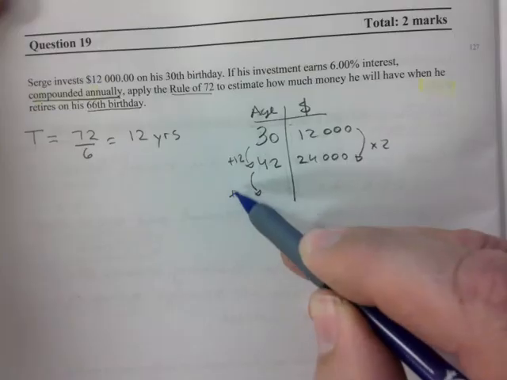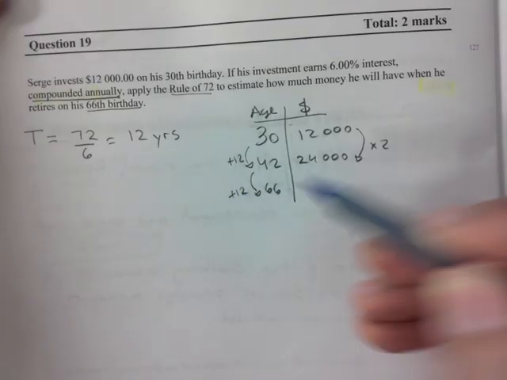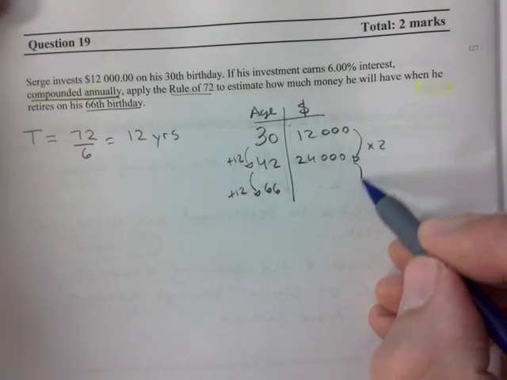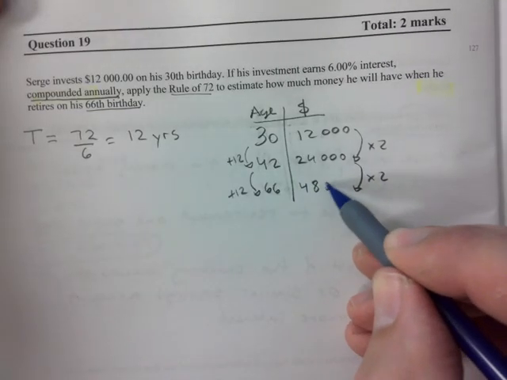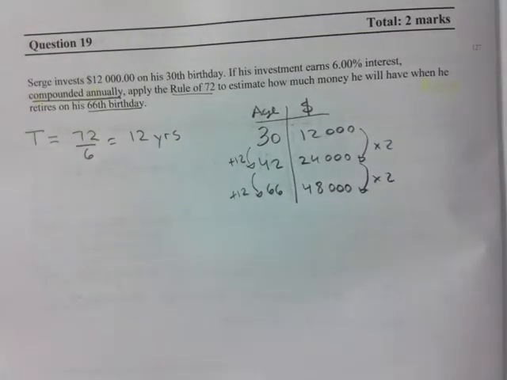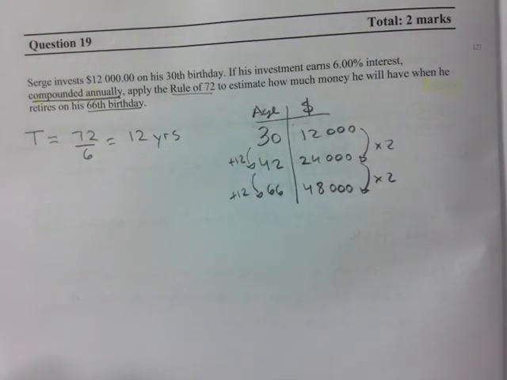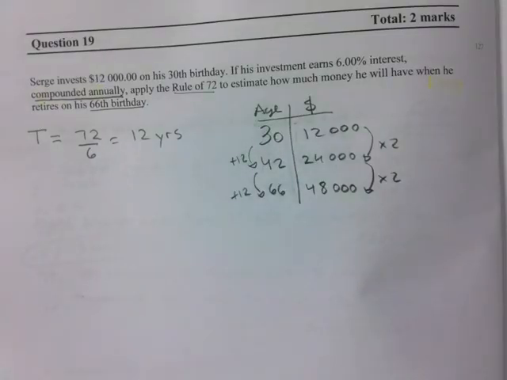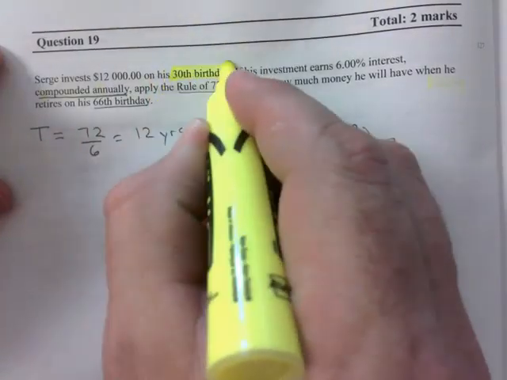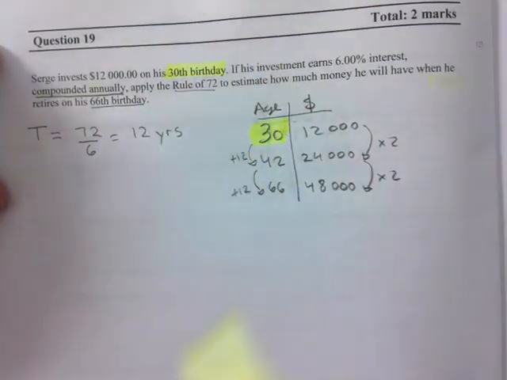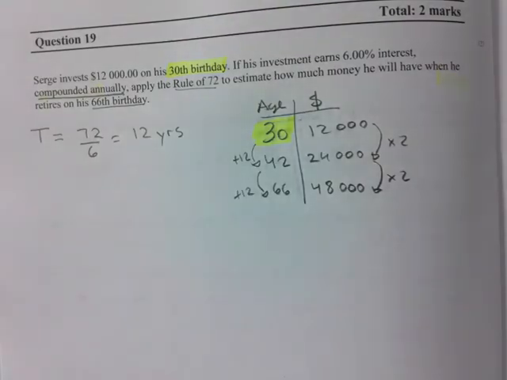Another 12 years go by. That's when he turns 66. You're going to double what he had previously again. Okay. So there you have it. Because of the 30th birthday, because they're saying how old he is, I start with 30 under these circumstances. Yes?